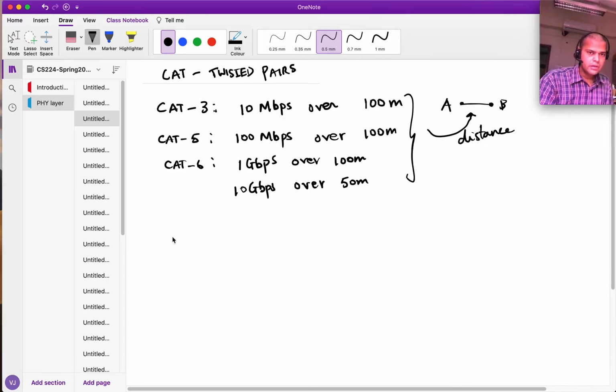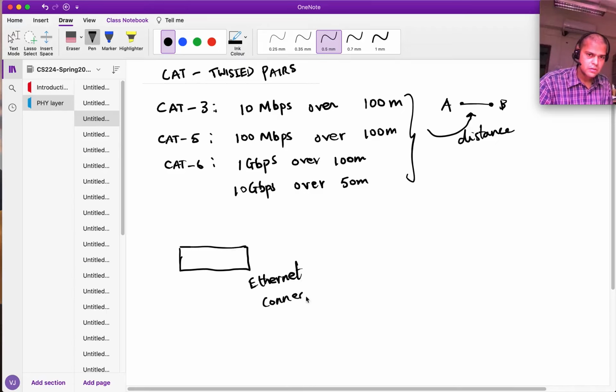So an Ethernet port, an Ethernet connector, if you look into it, you will see that there are many wires coming in, right? And typically you will see 8 wires which correspond to 4 twisted pairs.